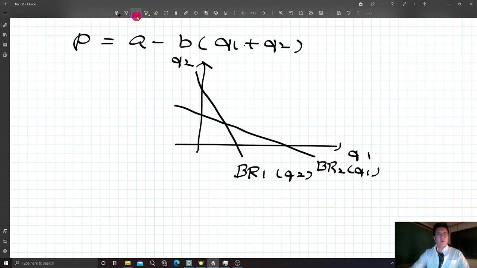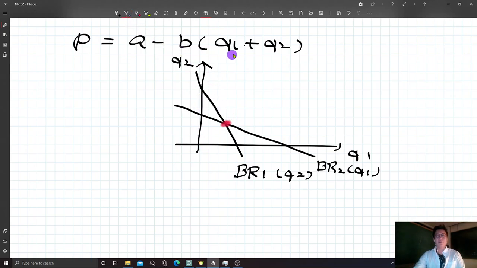And Nash equilibrium will be determined at the intersection between the two best responses. That is one elementary topic in industrial organization, or game theory, but you may have seen this kind of logic.